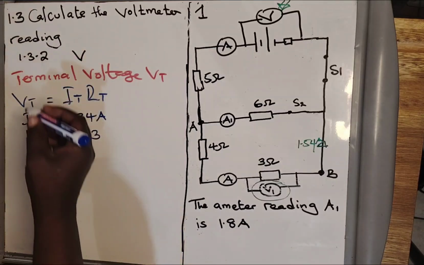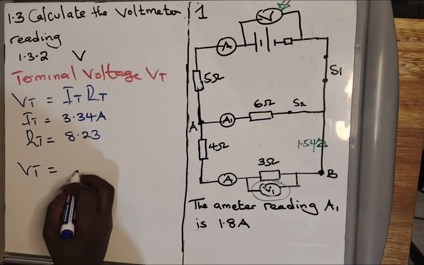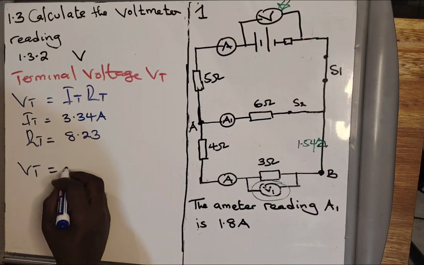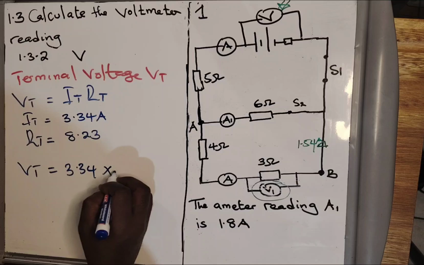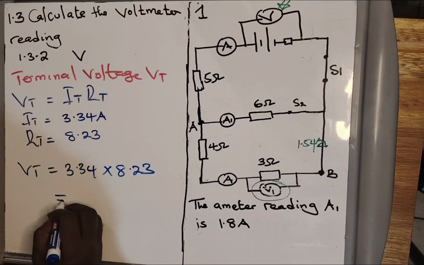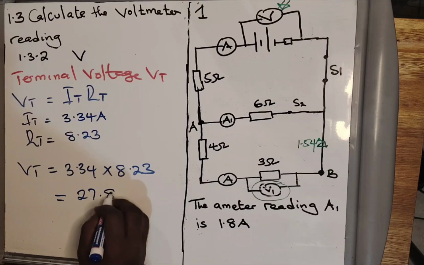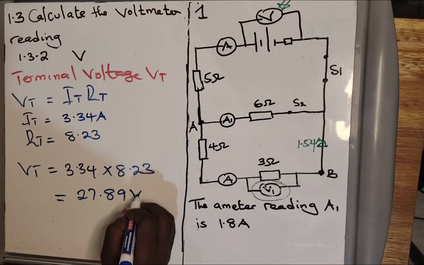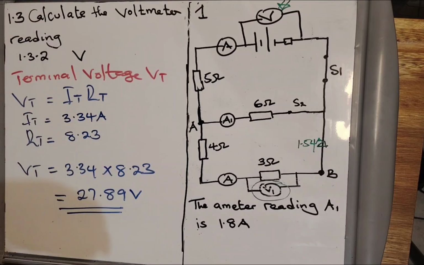So we just substitute in there and we get terminal voltage, which is 3.34 times 8.23, giving you, from the calculator here, 27.89 volts. Now, this is what we have as our terminal voltage.